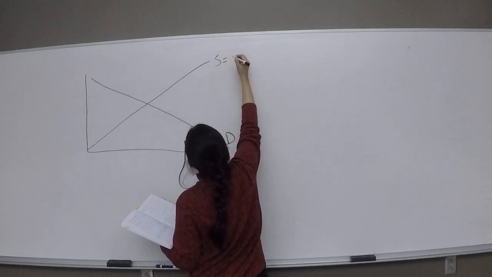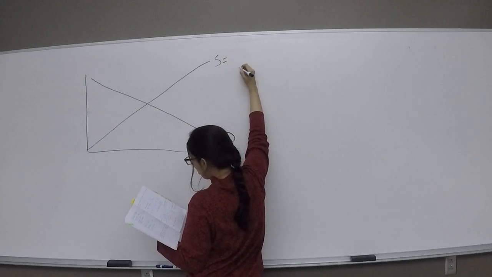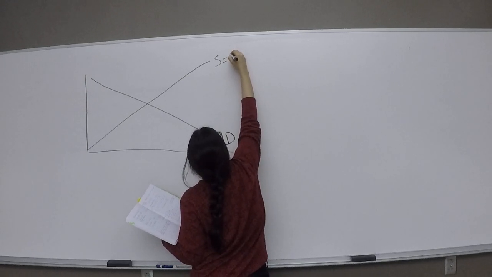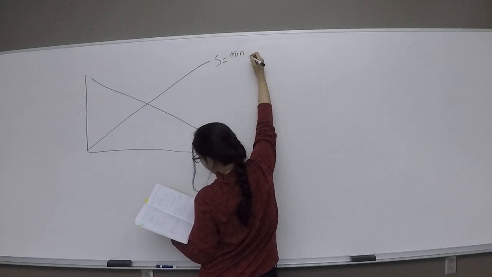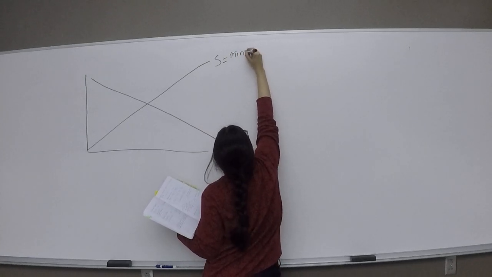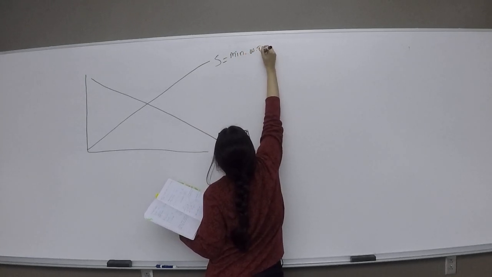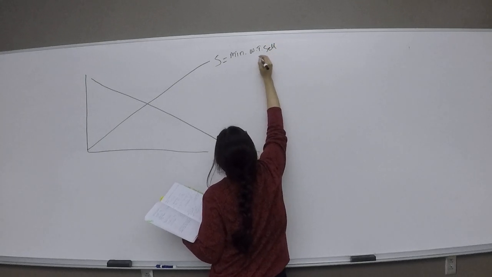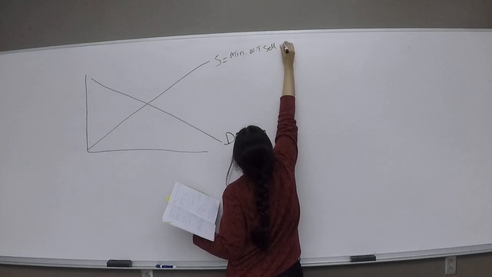Supply is equal to marginal cost curve, or minimum willingness to sell curve.